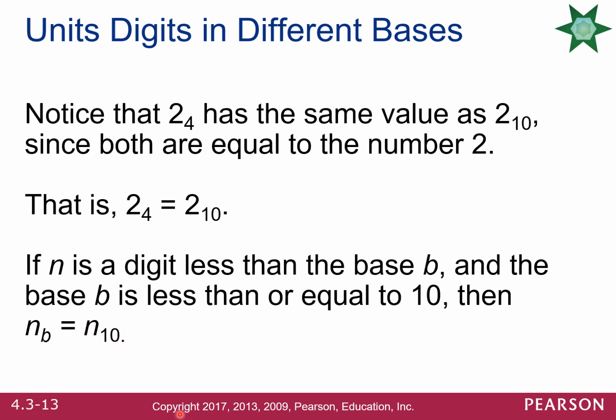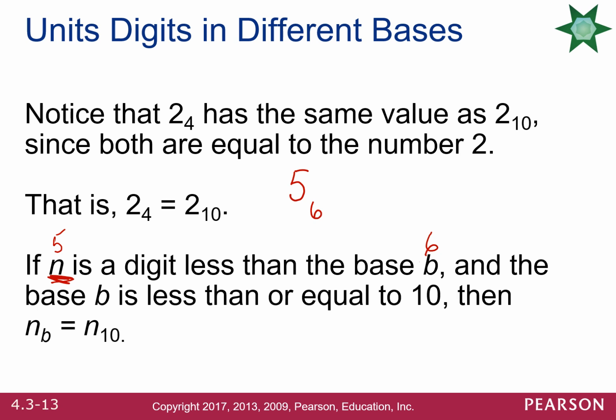So let's pick another base here. If we have 5 with base 6, this 5, which represents n, is less than the base 6, right? Here, n is 5 and the base is 6, so that condition is met.